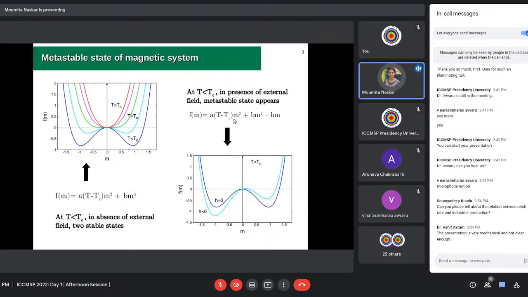Now, if we apply some external field below the critical temperature, this symmetry breaks immediately, and a local minimum appears along with the presence of a global minimum. This local minimum indicates the appearance of the metastable state. If the applied field is sufficient to overcome the energy barrier between this local minimum and the global minimum, then only can the metastable state decay to the stable state.